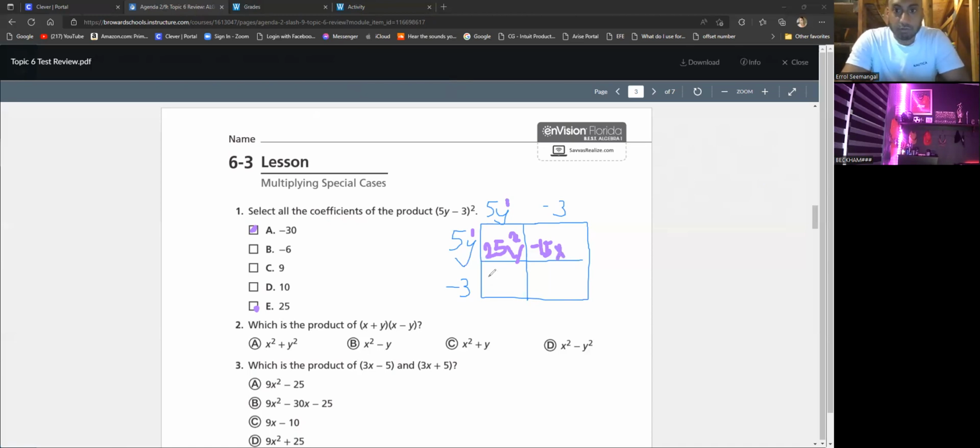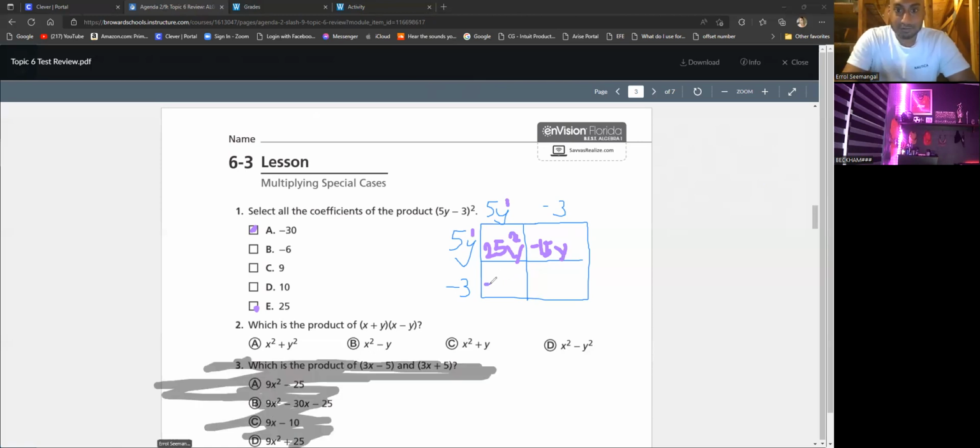Make sure you write the right coefficients and variables. I keep looking at problem 3. Scratch this out, don't look at that. Negative 15. We'll get there.